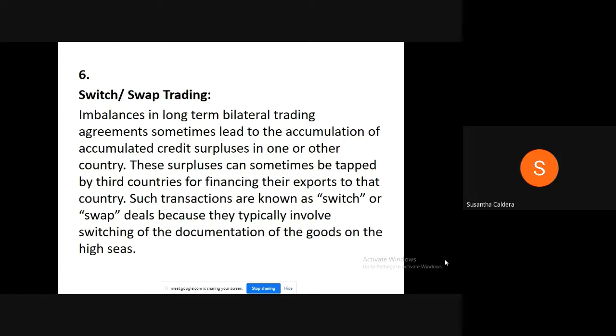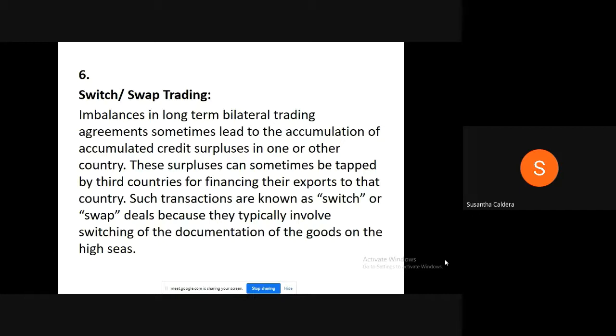Right? It is switch or swap trading. Such transactions are known as switch or swap trading because they typically involve switching of the documentation of the goods. Sometimes it happens in the high seas also.